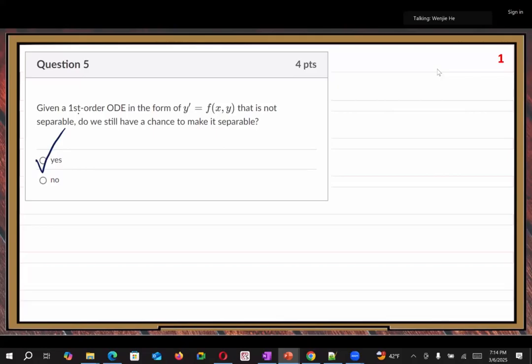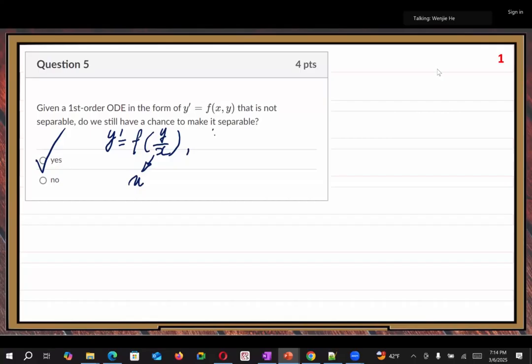Through this question, in your mind, you need to have two types of equations you can solve. One type, y prime equals f of y over x. Remember, we make this u, right? So this type you need to solve.